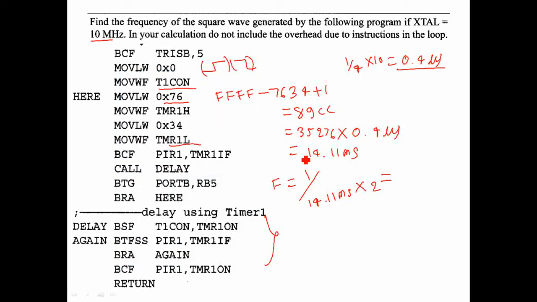So this delay subroutine is going to generate 35.434 hertz. This is the frequency of the square wave being generated from this particular subroutine.